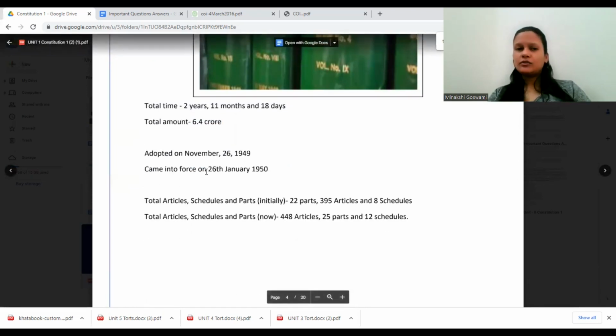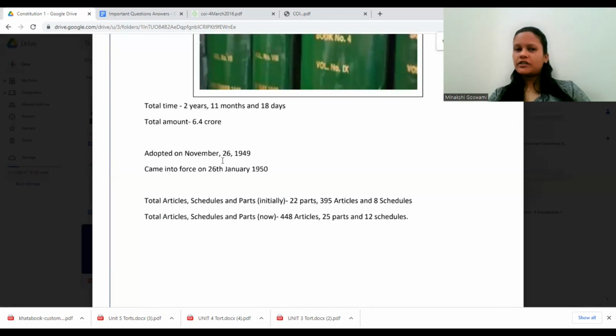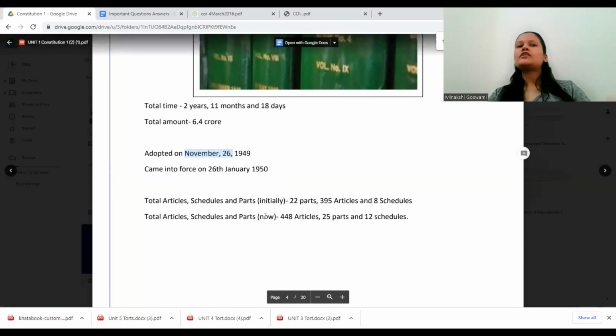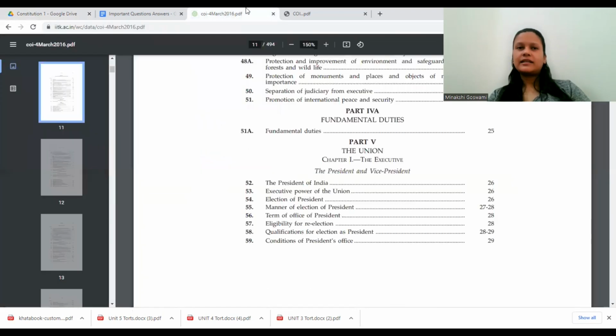Okay, so there are these 2 dates which are important. When Constitution was adopted, this is also celebrated as Constitution Day or National Law Day. And then we have 26th of January when it was finally brought into existence, it finally became enforceable. Okay, and when we talk about the Constitution of India, it originally had 22 parts, like we saw, right?